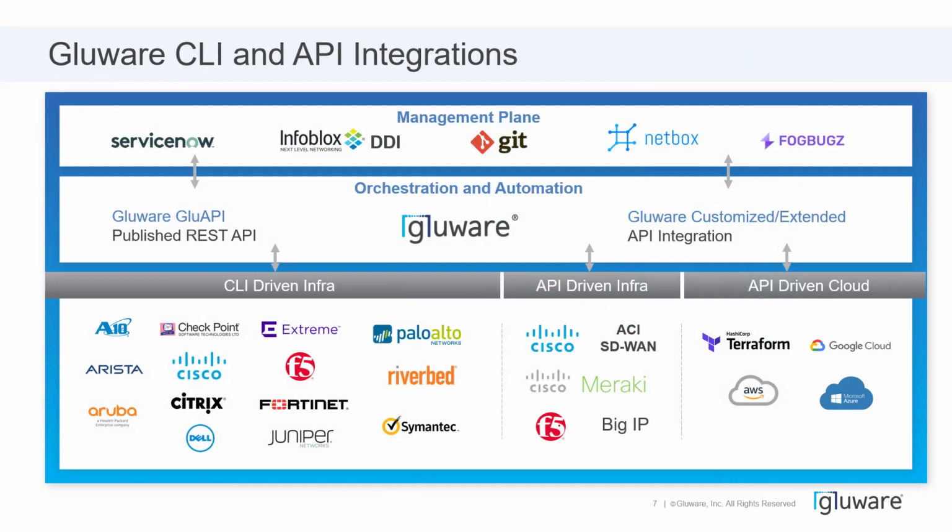So what does this all look like? Well, at Gluware, we understand that you're going to have other things in your orchestration and automation layer, but what you can look forward to with Gluware is you can minimize or eliminate as much of the manual processes as you can. You can consolidate and or eliminate some of the legacy NCCMs, the network config and change products that have been out there for 20 plus years that haven't adopted modern technology.